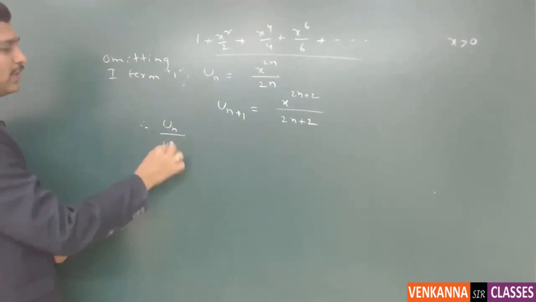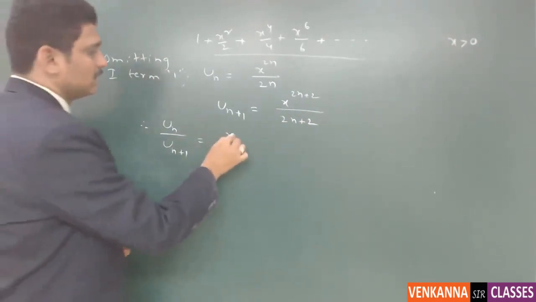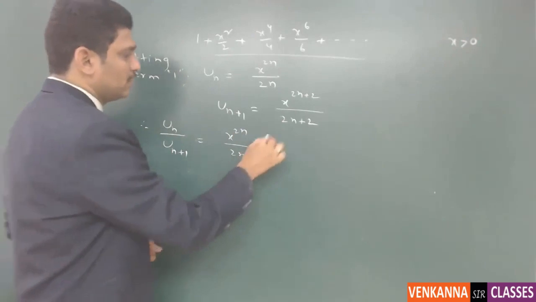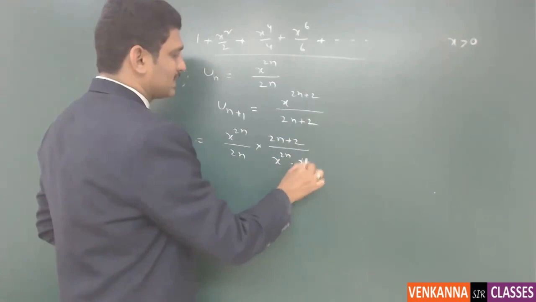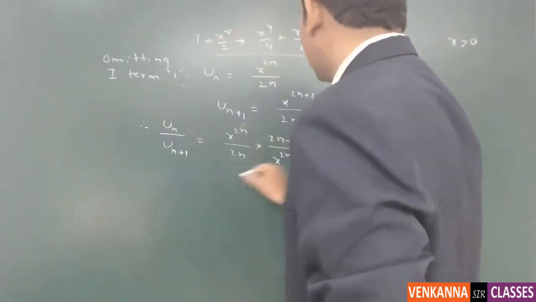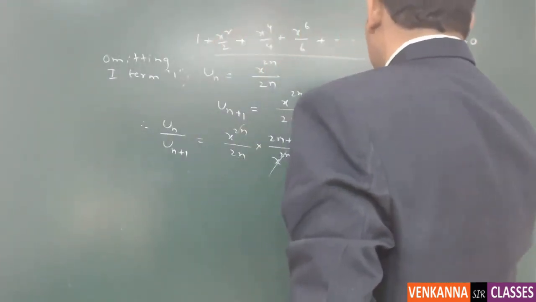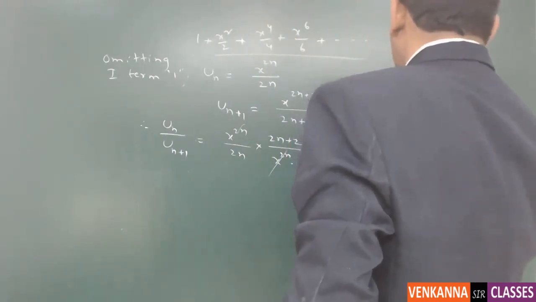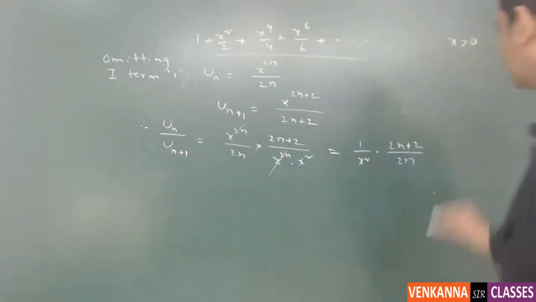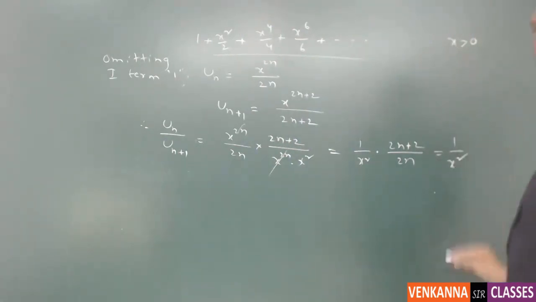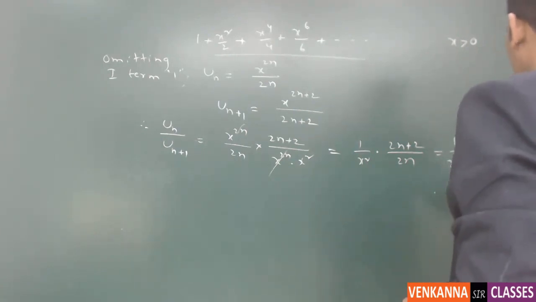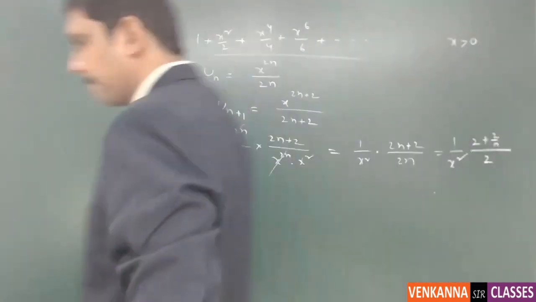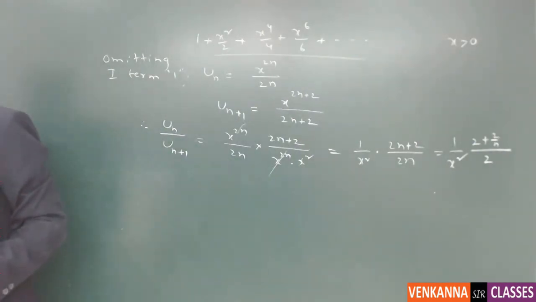Therefore un by un plus 1 gives us x power 2n by 2n into 2n plus 2 by x power 2n into x square. So x power 2n gets cancelled. This is equal to 1 by x square into 2n plus 2 by 2n, equals 1 by x square into 2 plus 2n by 2. Clear? Accepted to all? Any questions?